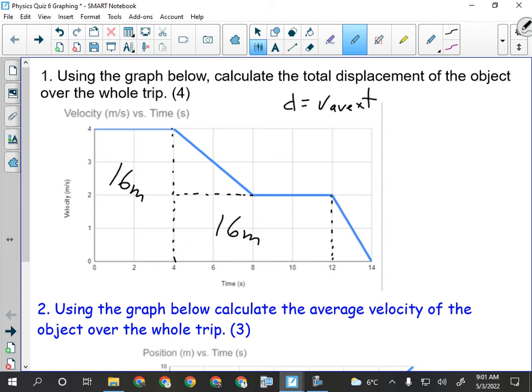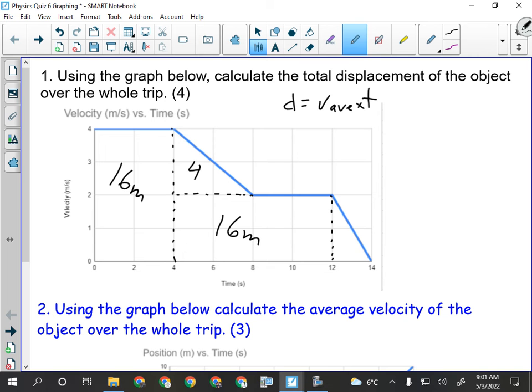So if I'm looking at this, the height of this triangle goes from 4 to 2, so the height is 2 and the base is 4. 2 times 4 is 8, divided by 2 is 4.